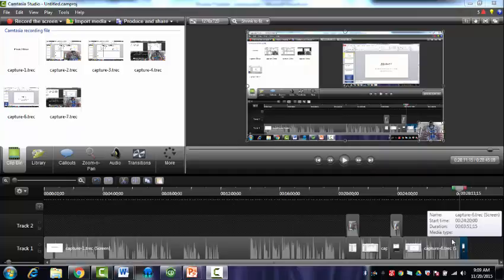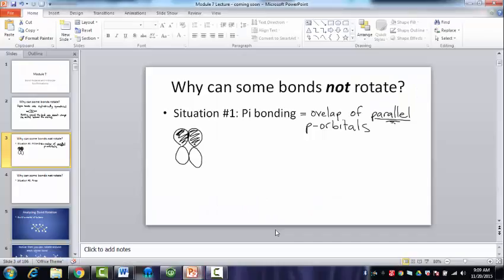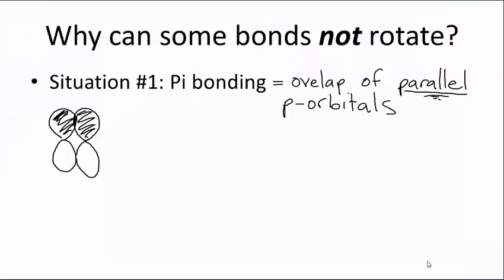Now I'm showing the class. If I take my pi bond, I start rotating, the p orbitals are no longer parallel. And if the p orbital is no longer parallel, I've effectively broken my pi bond. All right? So rotation around a double bond actually requires breaking of the pi bond, which is hard to do.